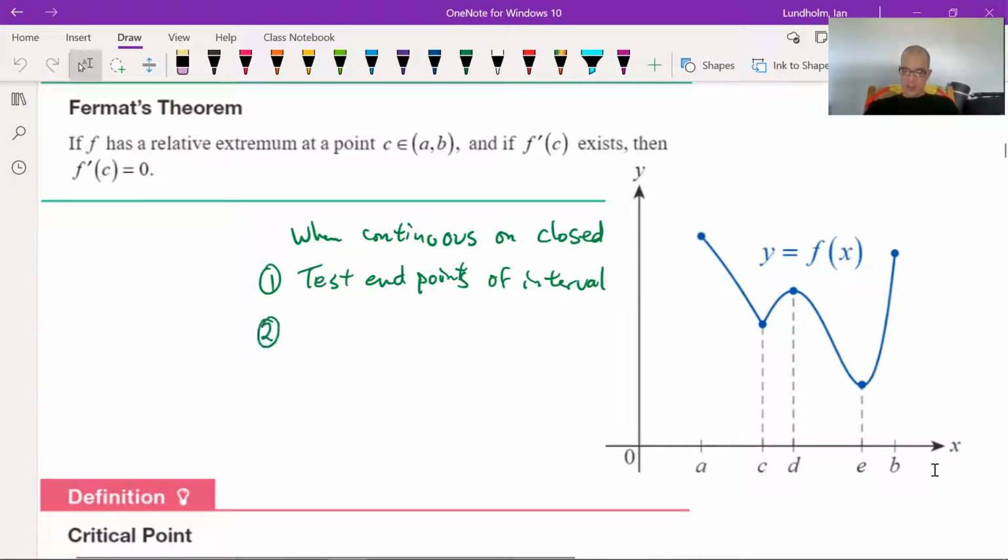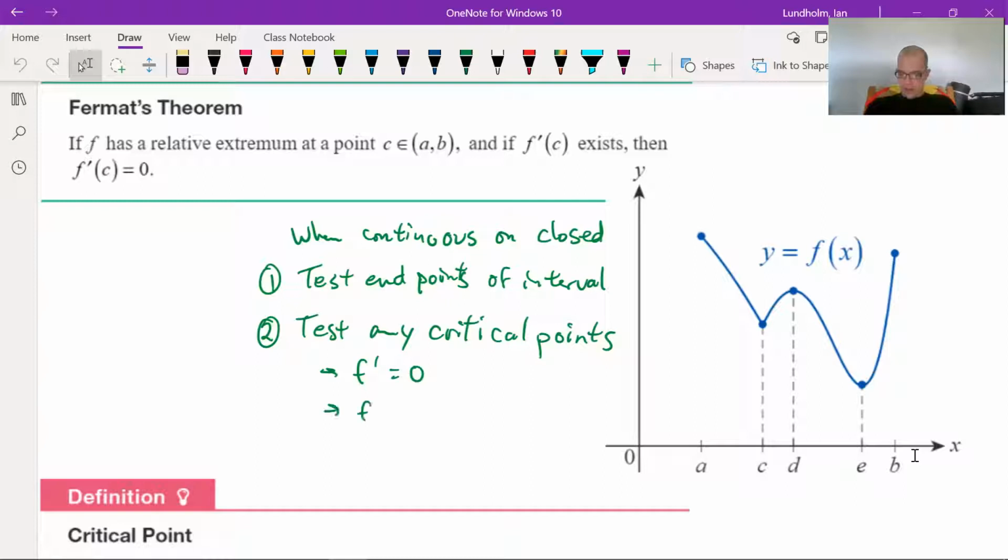And then you want to test any critical points, whether that be where the derivative is equal to 0 or where the derivative is undefined.